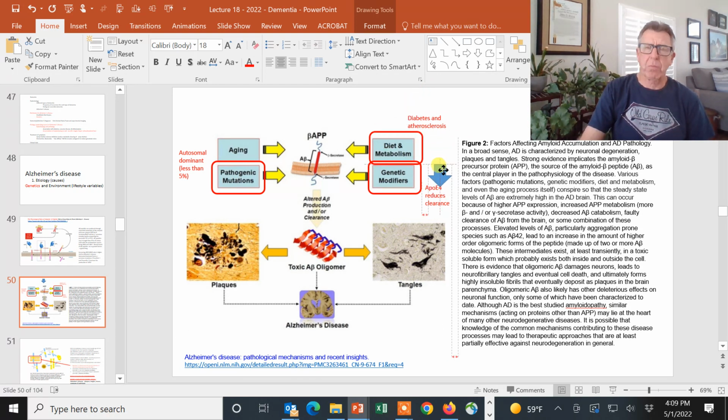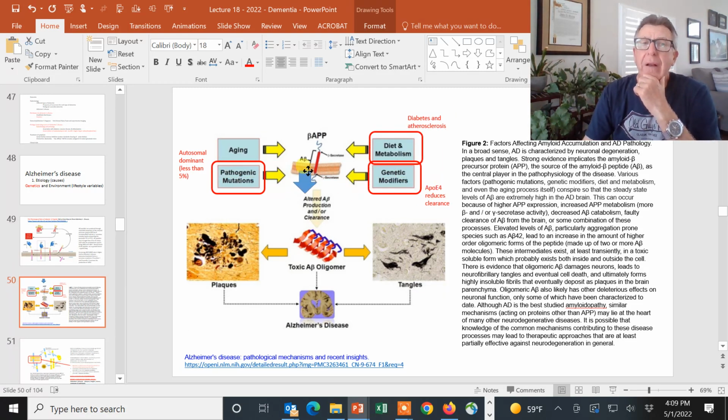ApoE is not only important for carting around triglycerides and cholesterol, but it's super important at actually getting rid of the amyloid beta once it's been sent out and used appropriately. With ApoE4, the APP is not removed as quickly.